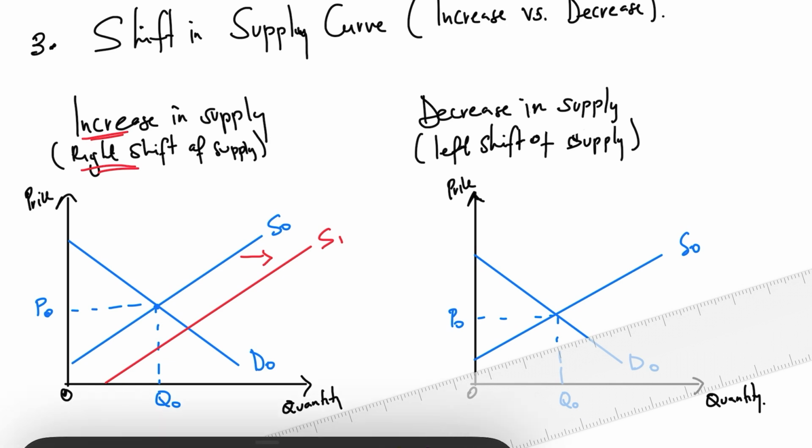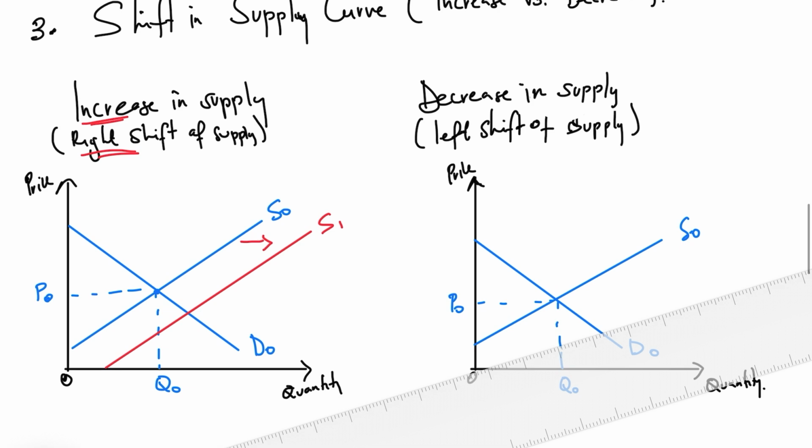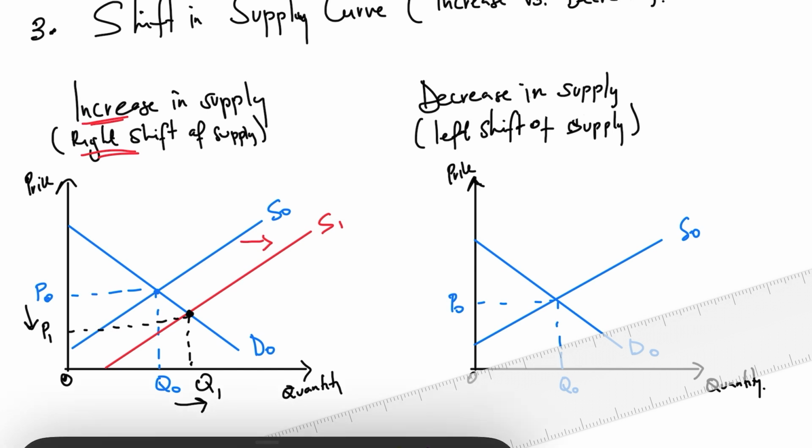And then I look at where the new supply curve S1 crosses the initial demand curve. I analyze that and I see a decrease in the equilibrium price, and my P1 is here, and an increase in the equilibrium quantity.